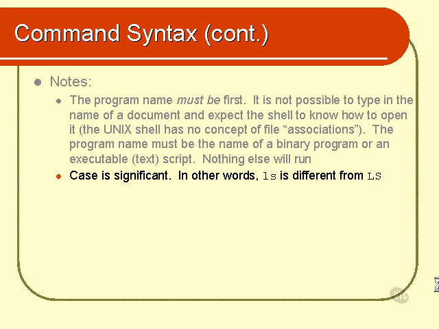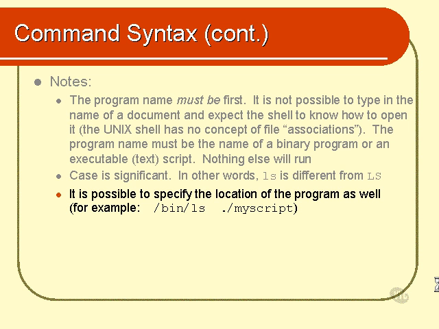Next, uppercase and lowercase are significant. Lowercase ls is very different from uppercase LS. If you wanted to run the ls program and you type in capital L, capital S, it will not do what you want. It will try and find a program called capital L, capital S, and if there is one, it will run it, and if there isn't one, it will say, I don't know what you're talking about, or something to that effect. When specifying the program name, it is also possible to specify where that program is, if you know how to do that.